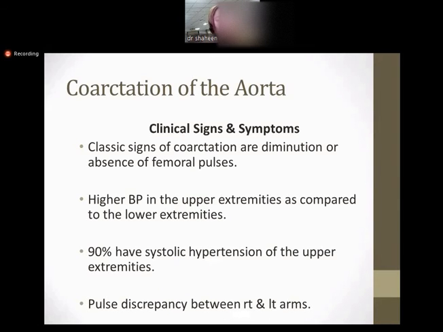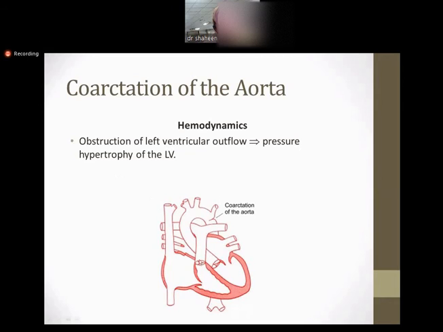The classical sign of coarctation is decreased or absent femoral pulses. As you can see, when blood is pushed out here, most of the blood is going into the great vessels, and there is less blood due to narrowing going to the lower limb circulation, so femoral pulses are weak.